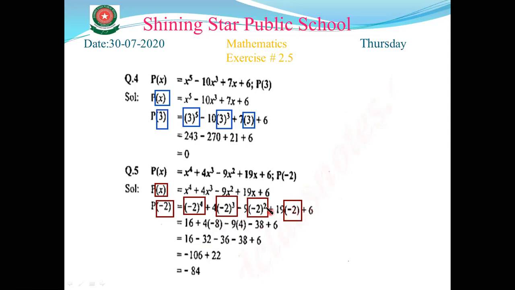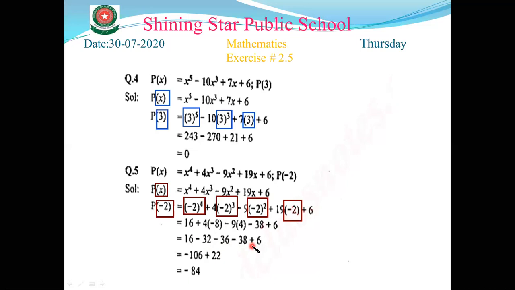Minus 2 power 2, 4. Because power is even. So if power is even, minus changes into plus. Here power is odd. So 2 power 3 is 8, but minus cannot change into plus. Minus still remains minus. Okay. So 16 minus 32 minus 36 minus 38 plus 6.